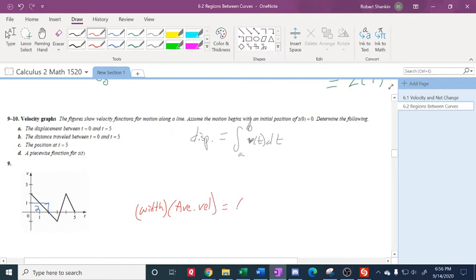And my average velocity during that time, well, let me just estimate it. It goes down to a little bit more, maybe about -1, and then back up. Half of my time is spent below 1/2, half of it is spent above 1/2. It's about 1/2.